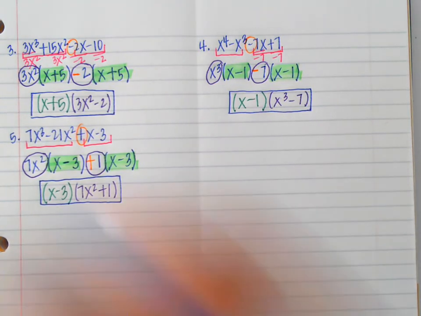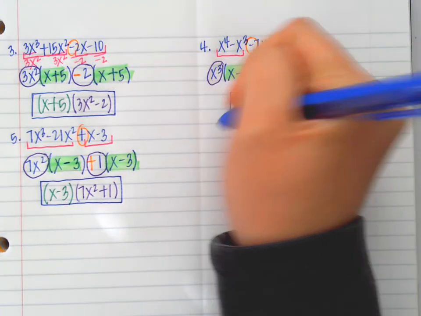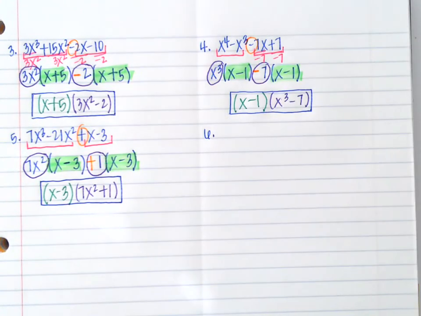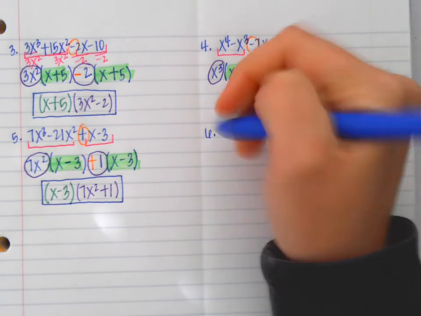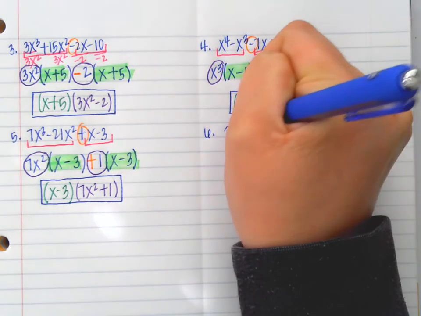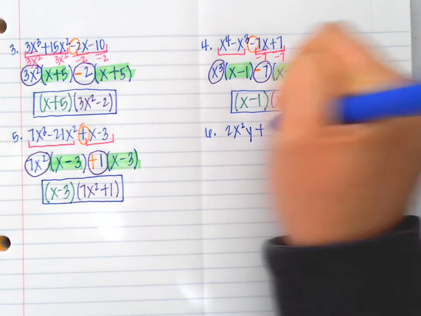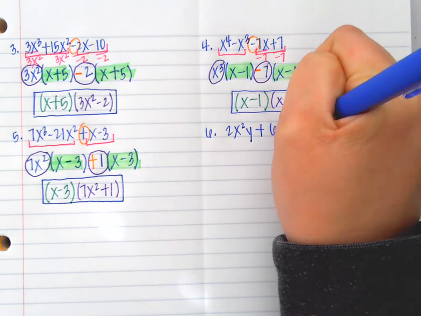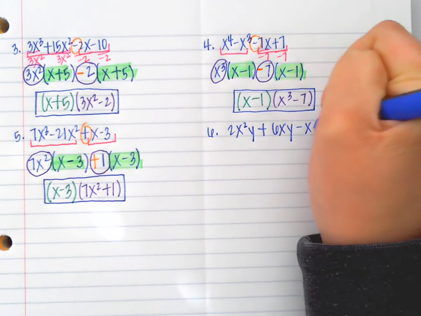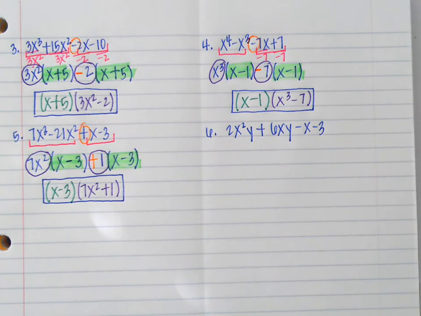Okay, so the last problem that we're going to do today, we're going to make it a little bit difficult: 2x squared y plus 6xy minus x minus 3. If you're thinking, oh, that's not difficult, cool, try it on your own.